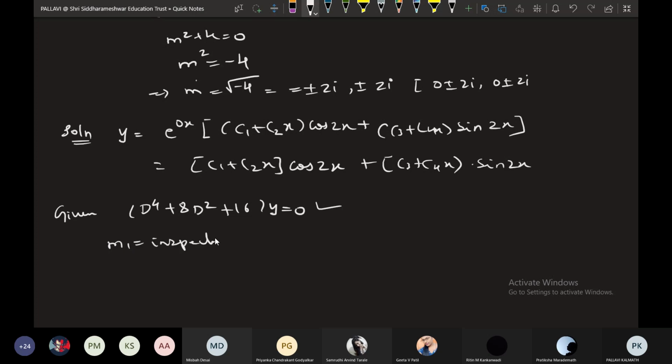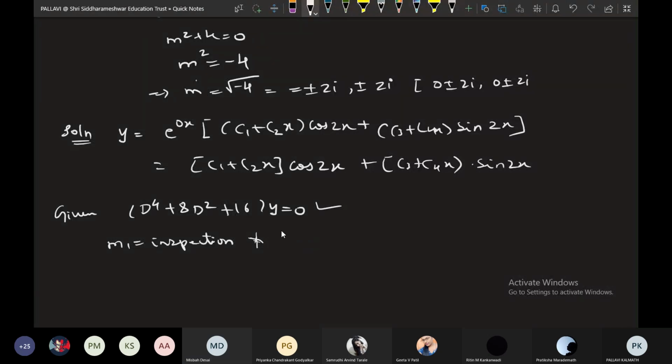For inspection, if you go for all the values, you will get all the values positive only, because the powers are d raised to 4 and d square. And if you take a negative number, that square is again positive only. So by inspection you cannot find the root. Is it correct, all of you? Okay, good observation.